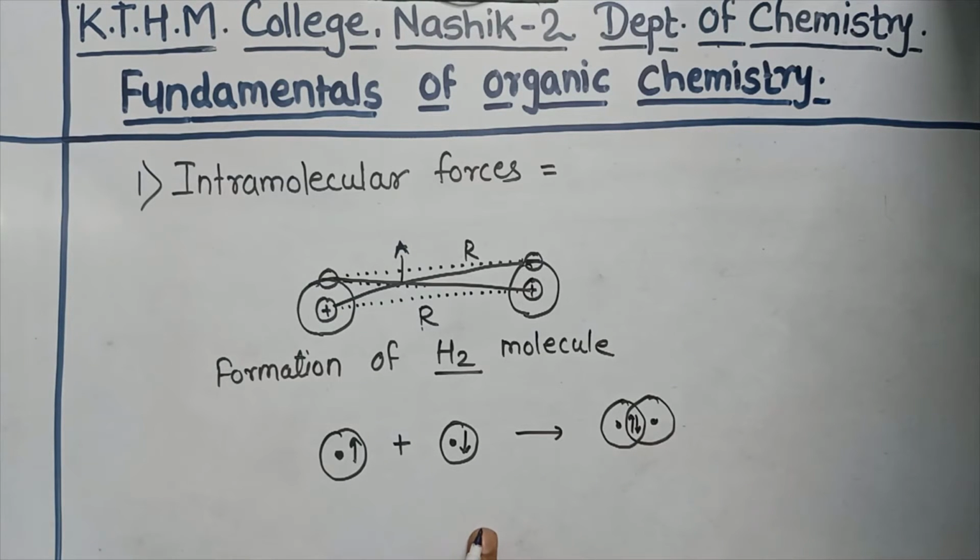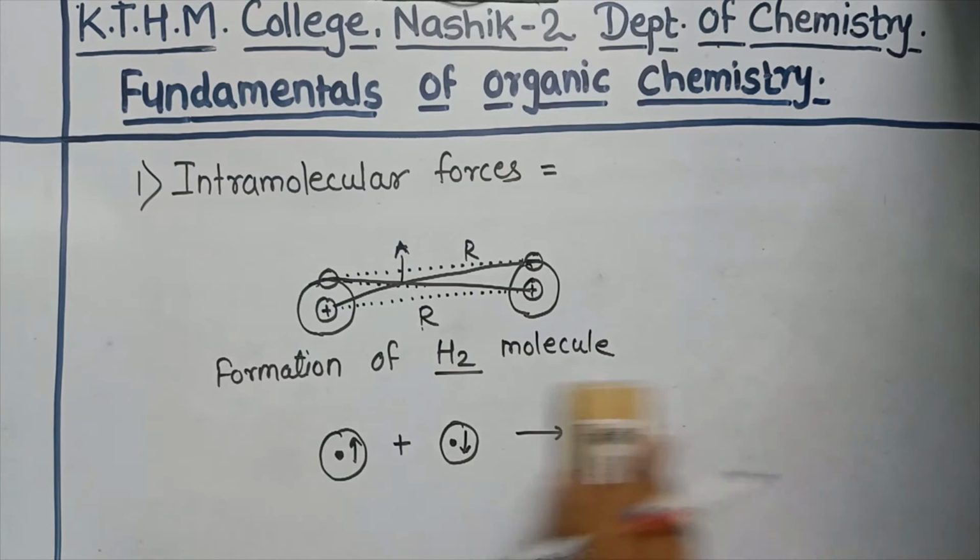The electron density accumulates between the two nuclei, and the neutralization of the spin releases some energy, and that gives stability to this hydrogen molecule. So this is about the intramolecular forces.